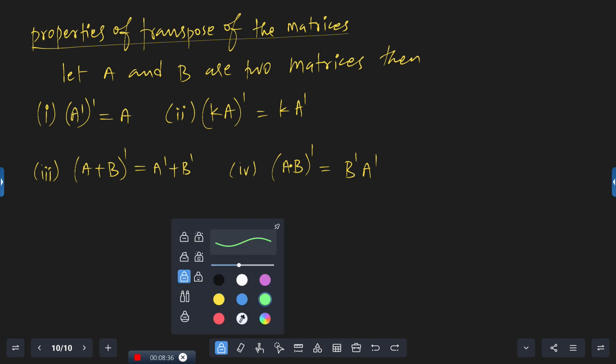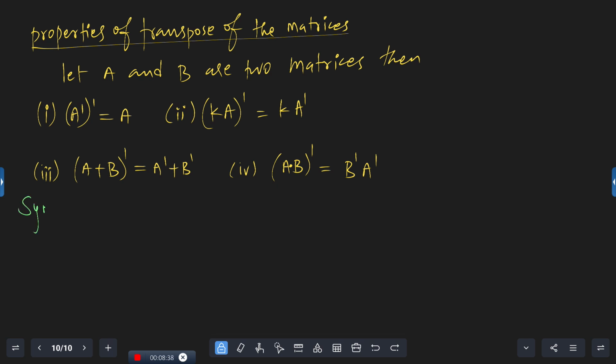Symmetric matrix and skew symmetric matrix.